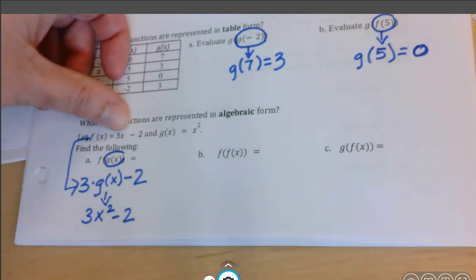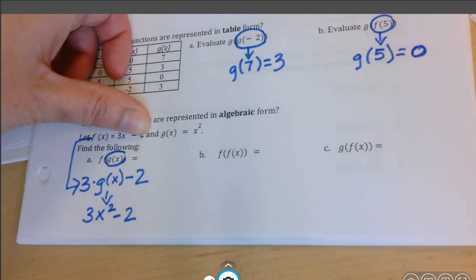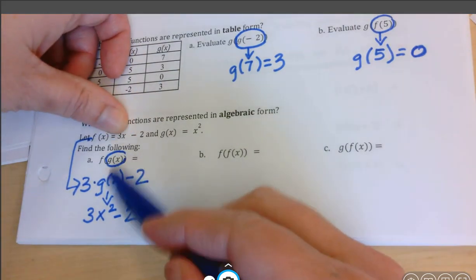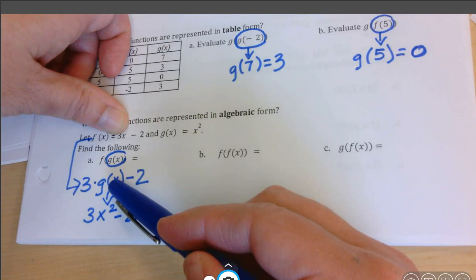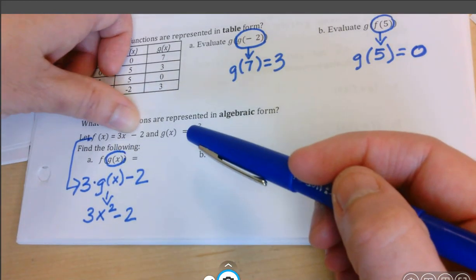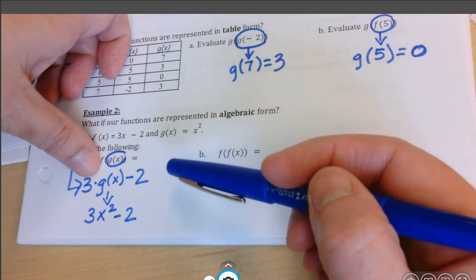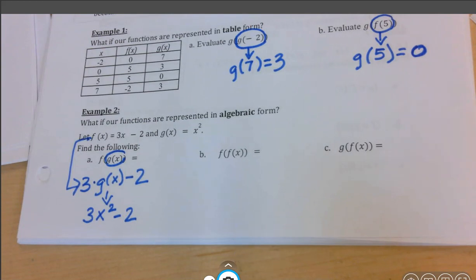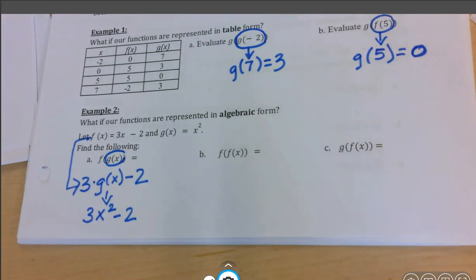So function f is 3x minus 2, right? And then I just replaced the x with g of x, the function g of x. Do you see how it just replaced it with that? I started with 3x minus 2, and then I have 3 g of x minus 2, because g of x is my inside.